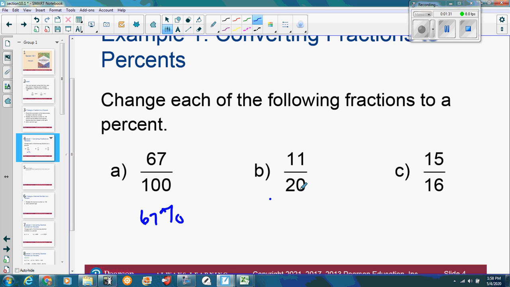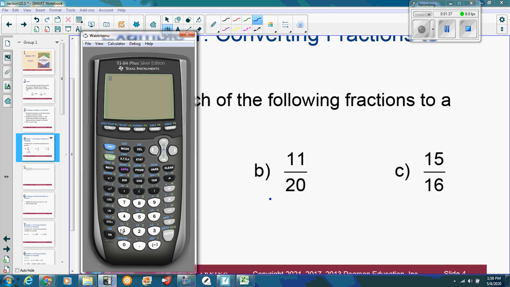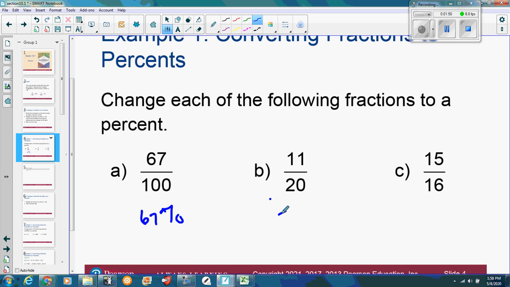So for these fractions, this one already is over 100, so that simply would be 67%. For this one, you would have to divide 11 by 20. So I'm going to bring up my calculator. I'm going to do 11 divided by 20. Now, if you multiply it by 100, you'll see it comes out to be 55, which means that this is equal to 55%. Okay? So now for the last one, same thing.